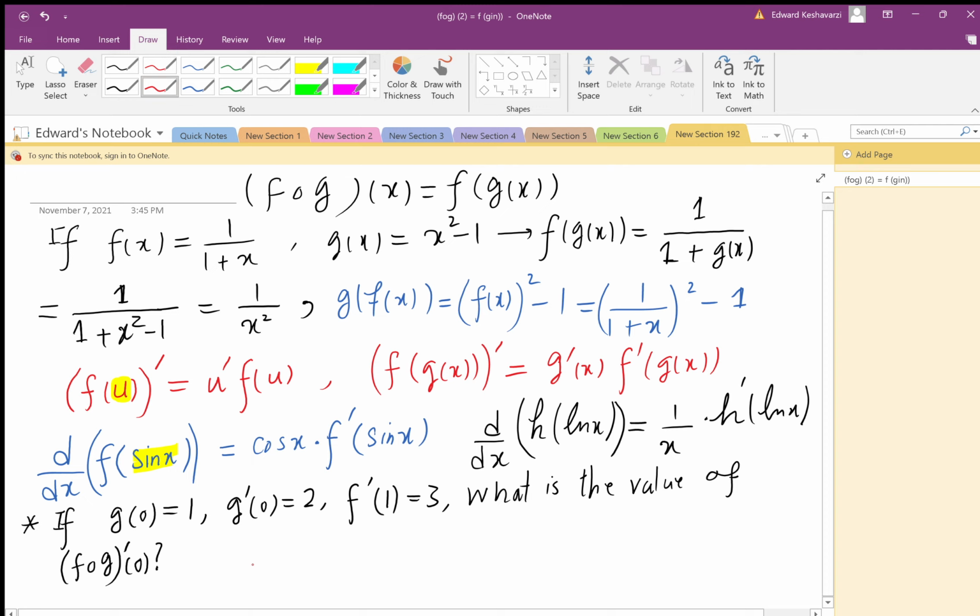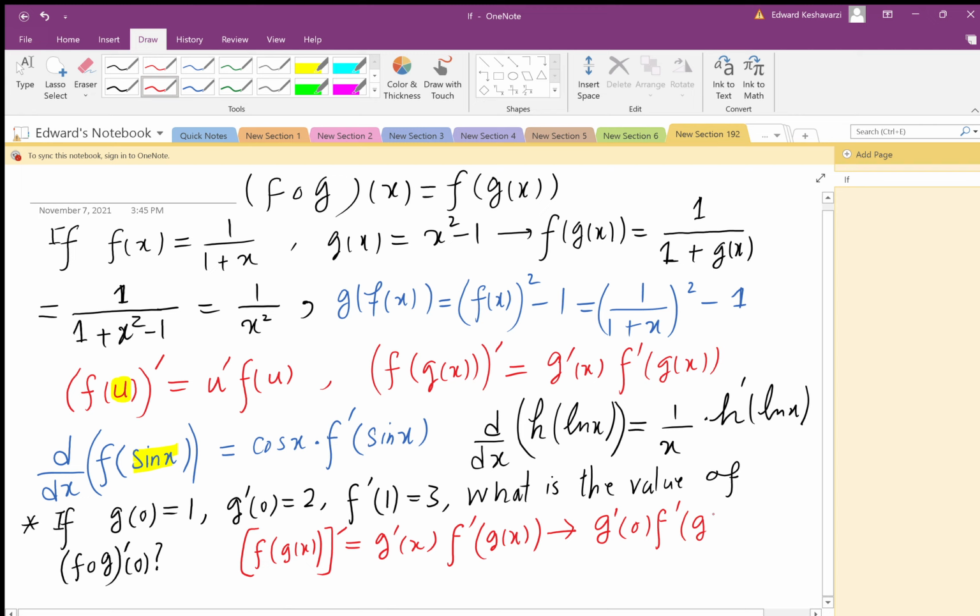So f of g of x prime, according to what we learned, is equal to g prime x times f prime g of x. So once you replace x with 0, you'll get g prime 0 f prime g of 0.